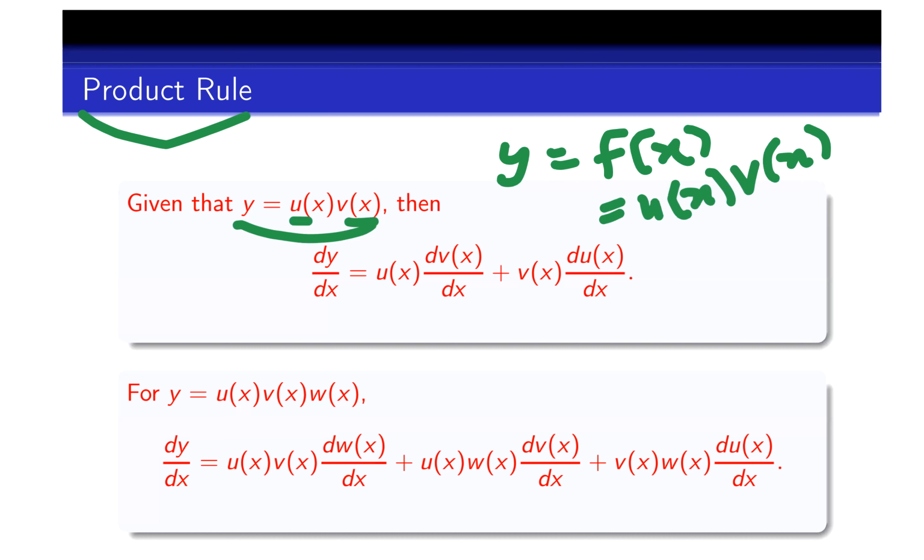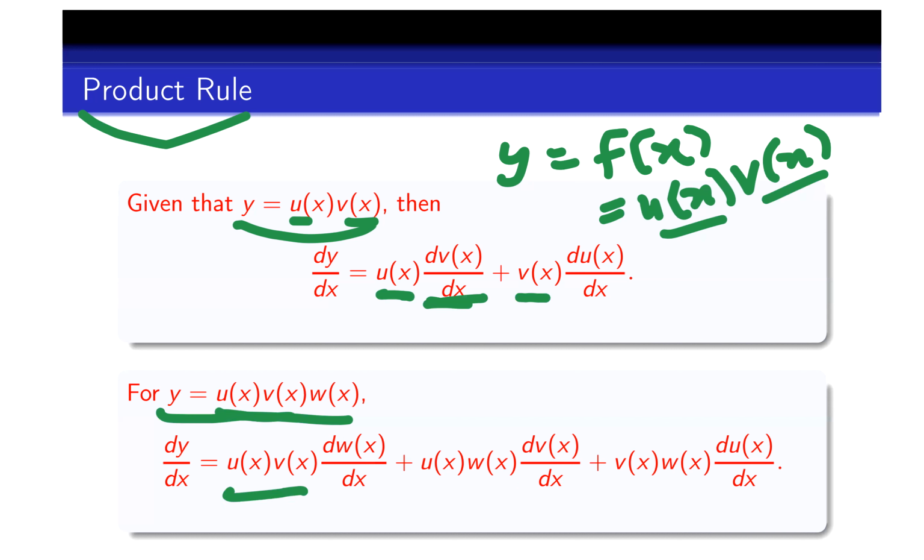And the simple idea for product rule is this: you take the first function u of x multiplied by the derivative of the second function. So you have u of x dv of x dx, plus you take the second one, v of x, du of x dx. If you have a product of three functions, you do the same idea, except that now you take them in two. So you have u and v together multiplied by dw dx.